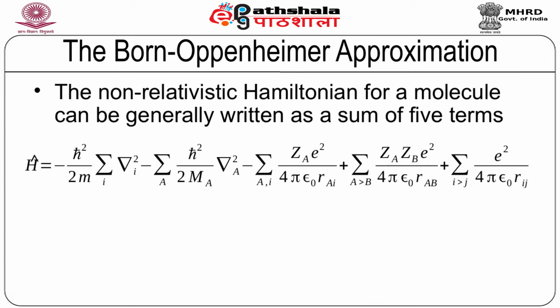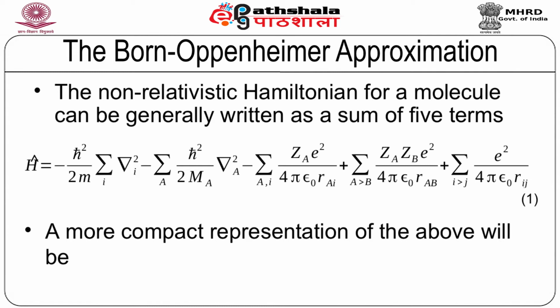Small r_Ai stands for the distance between electron i and nucleus A. Capital R_AB stands for the distance between nucleus A and nucleus B, and small r_ij stands for the distance between two electrons i and j.